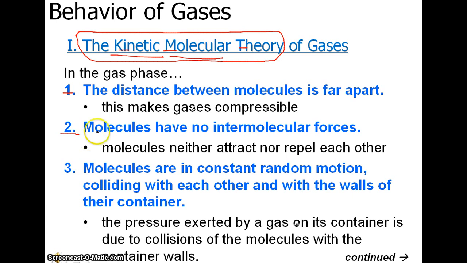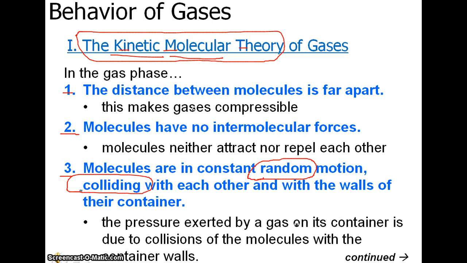Principle number 3 states that molecules are in constant random motion, colliding with each other and with the walls of their container. Keywords here are random motion and colliding. Random motion is important because it says that the molecules are moving constantly in any direction that they want to.